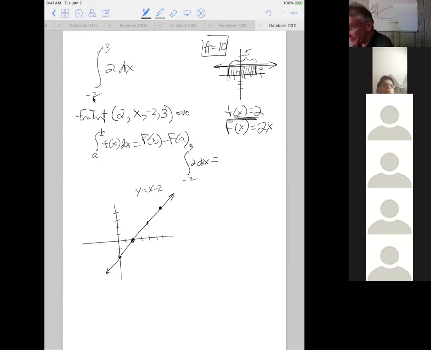The notation that's traditionally used, our book does a little bit differently. I'll share that in a second. I'm going to use what I've been using instead. So what we have to do now is write the antiderivative. First, we write what cap F is, and that is 2x. And now we need to keep a reminder of what the a and b are: this is -2, and this is 3.